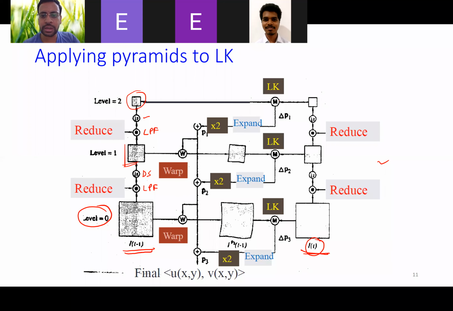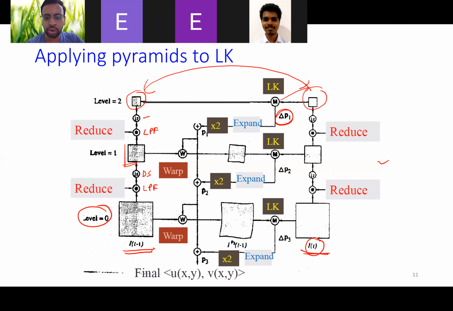This is the motion estimation model here. So now what you do is you apply optical flow between these two images, right? That would give you the displacement field or the motion field. Remember that compared to the level 1, the level 2 is a downsampled version.